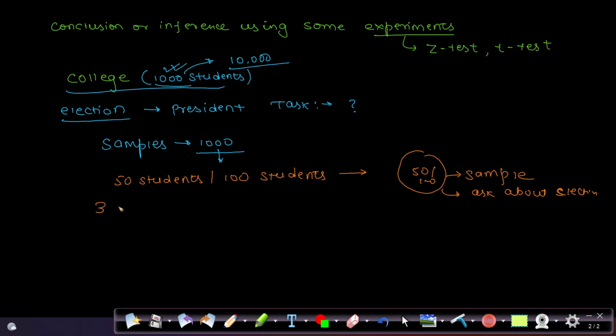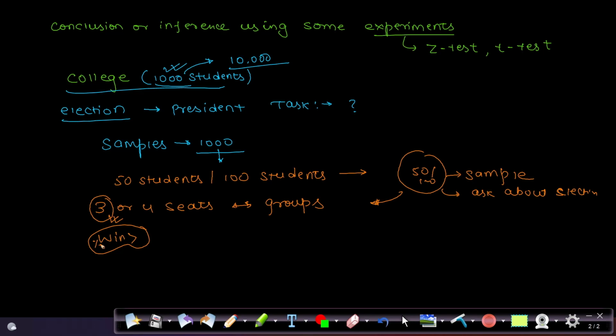Suppose you created 3 or 4 groups from the sample data and then start taking a survey. After taking the data from these groups, you find the total percentage, and who got the higher percentage of winning.